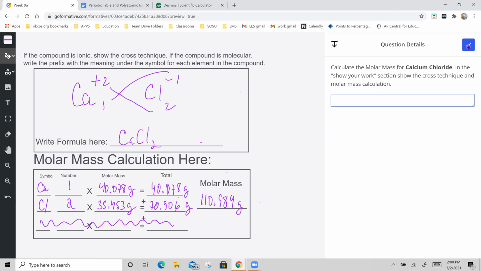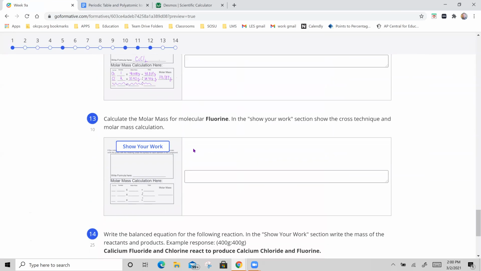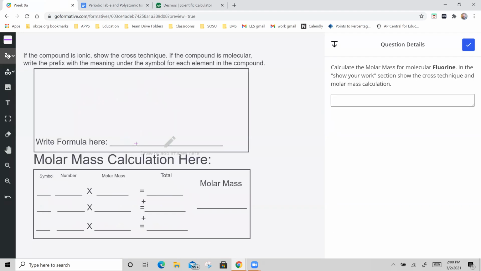Okay, so we'll move on to the next part, and we'll go to the last one, which is fluorine. And fluorine is also one of our diatomics. So it is diatomic. So you can just write diatomic, and you will know that fluorine is F2. Di meaning two atom molecule. It's only made up of fluorine.